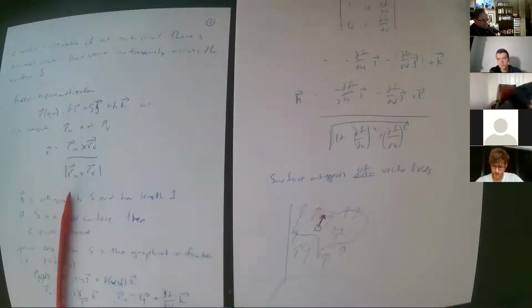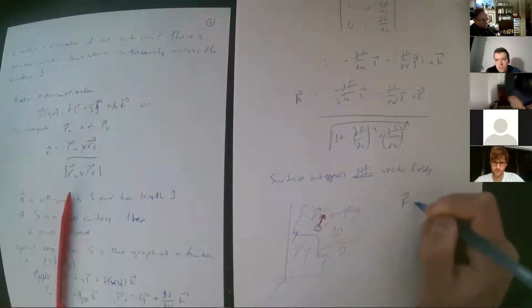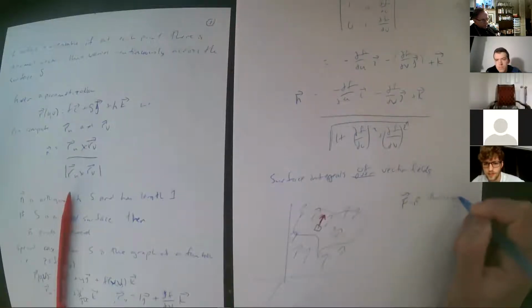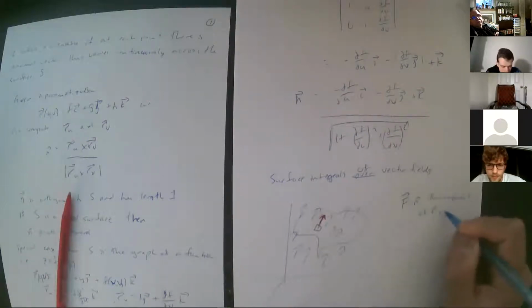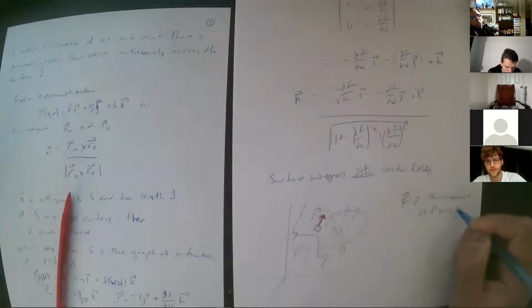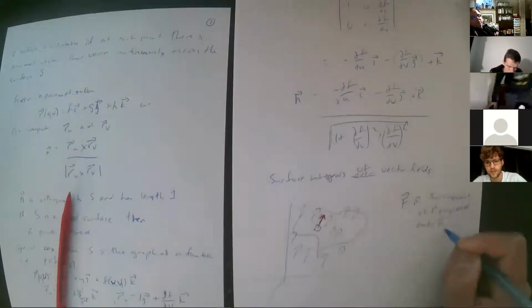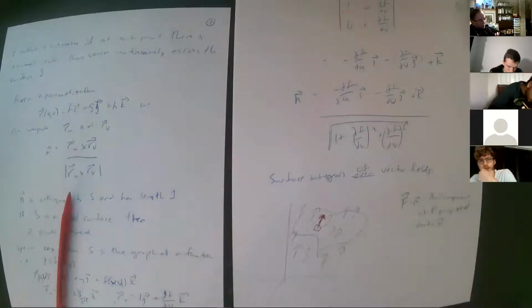So the dot product tells us the component of F on n. This is the component of F projected onto n. This tells us exactly how much is in the same direction as my normal vector.